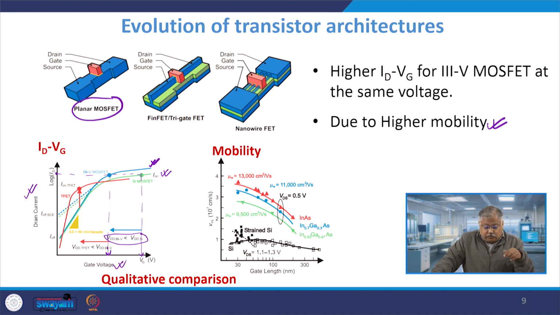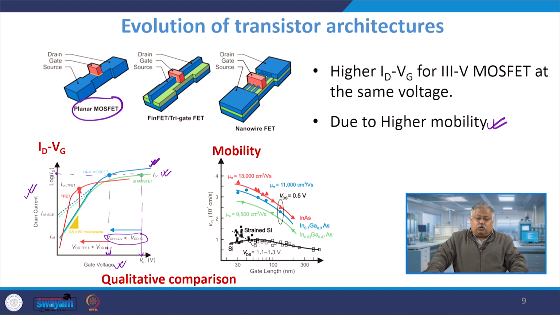And III-V has a larger one as compared to that of TFET. So, for the amount of current we want to flow, VDD for TFET is smaller than III-V, which is smaller than silicon planar MOSFET, in terms of the amount of current carrying capability being exactly the same in all the cases.